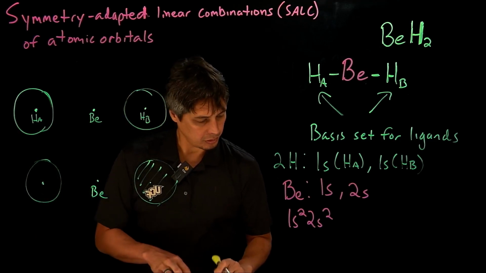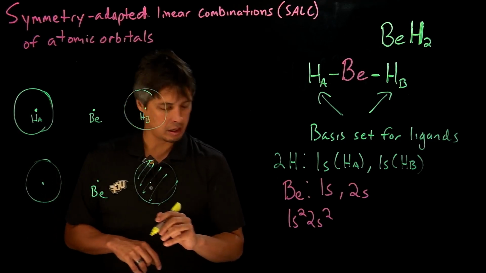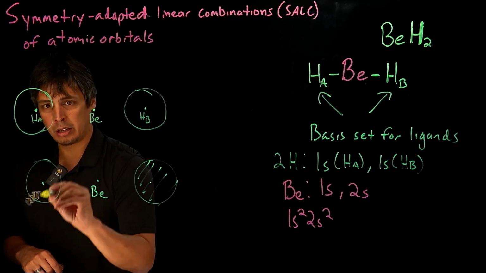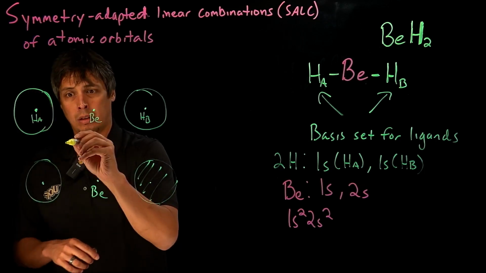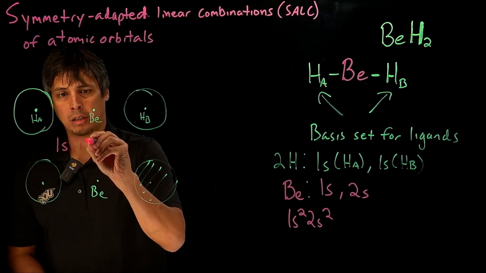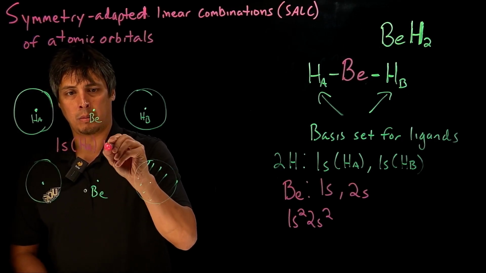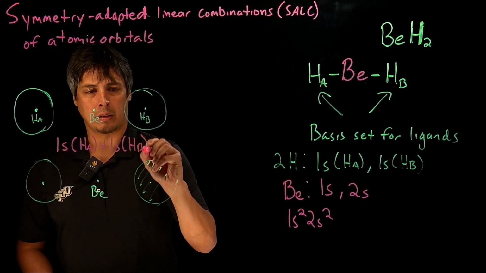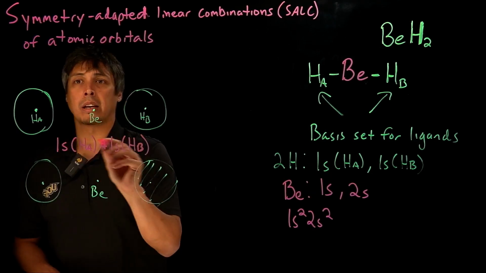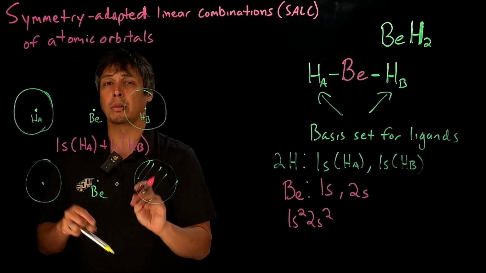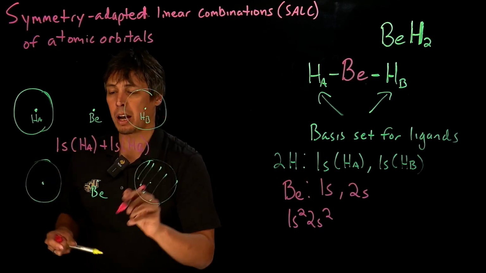And so we can think of this as saying 1s HA plus 1s HB, where the signs for the two 1s orbitals for the two hydrogen atoms are the same, they're both positive.